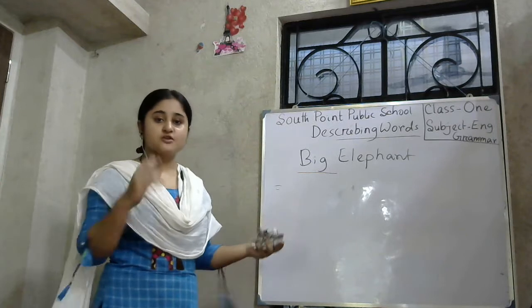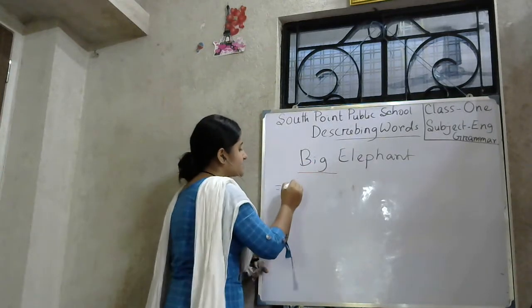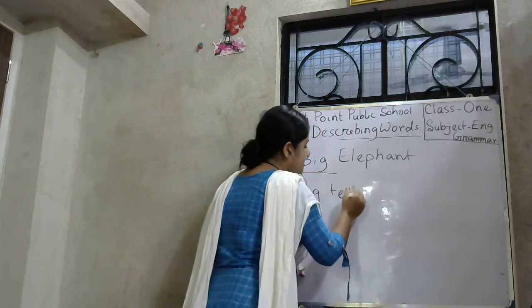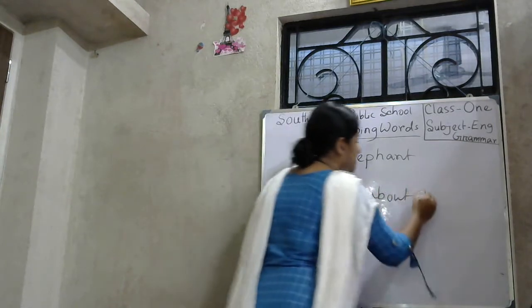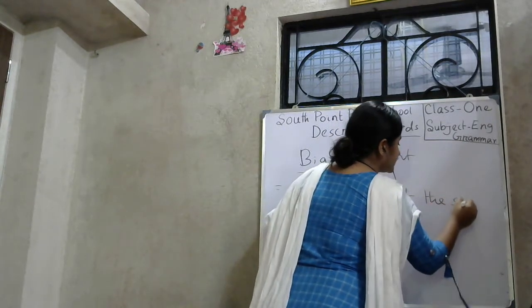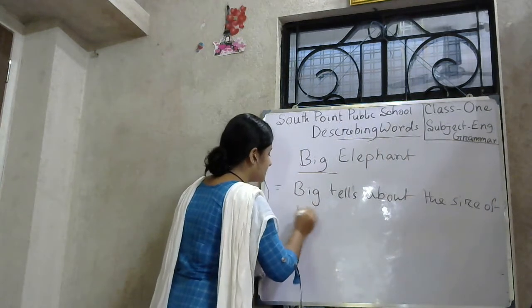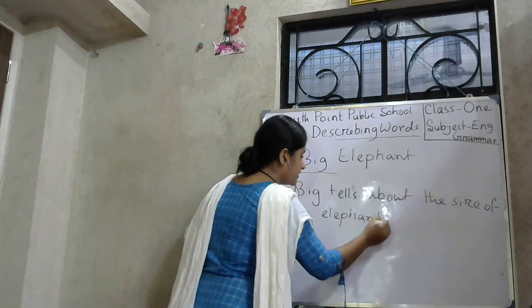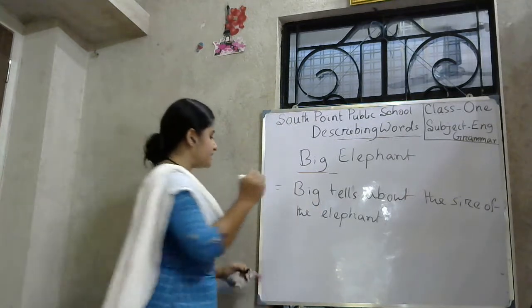Big elephant. So big is the describing word and big tells about the elephant. So we can write big tells about the size of the elephant. Look students, big elephant. Big tells about the size of the elephant.